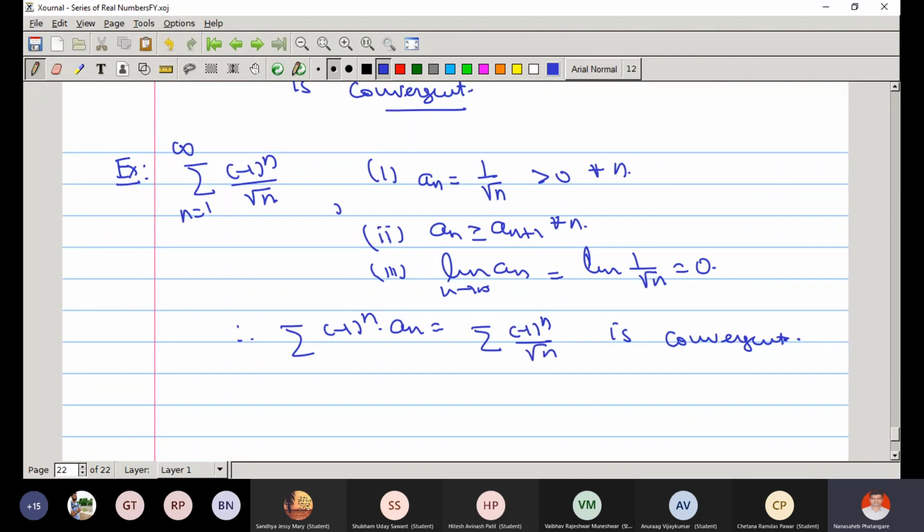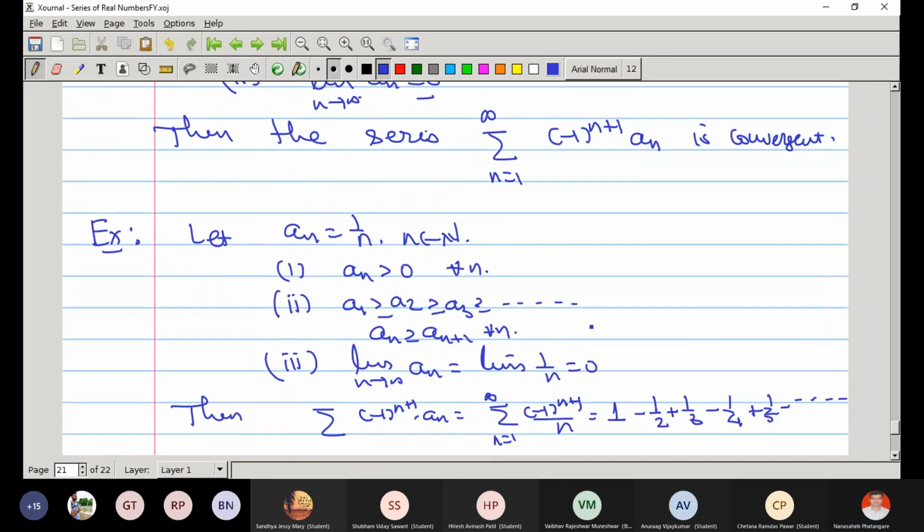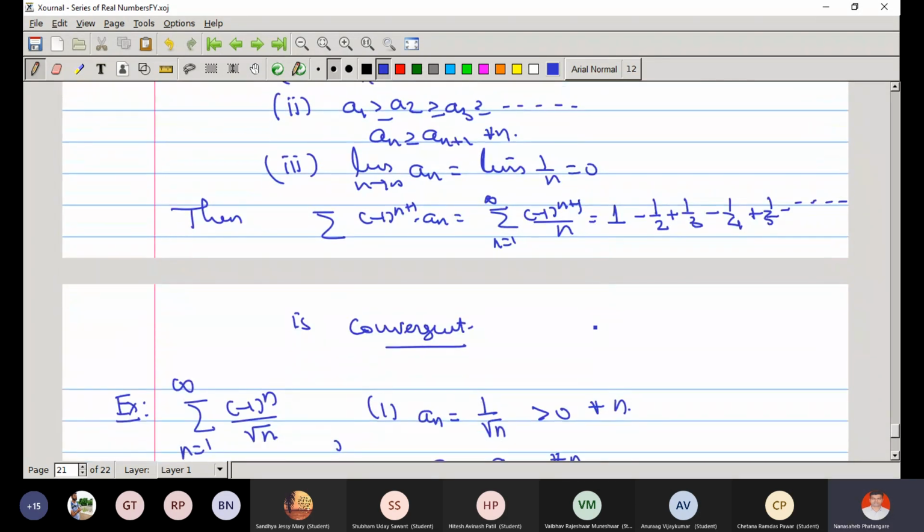So this series, the series (-1)^(n+1) upon n, is called the harmonic series. And why is it the harmonic series?